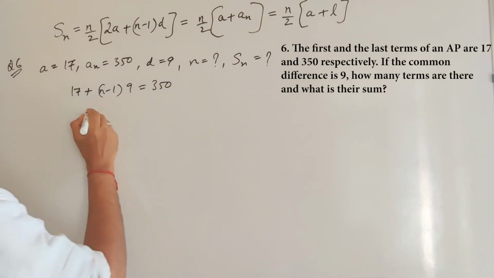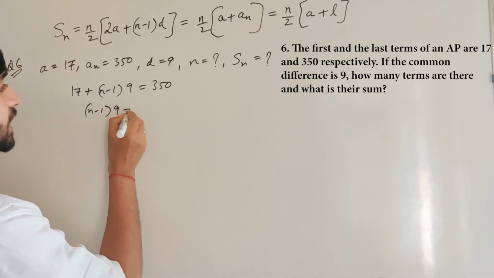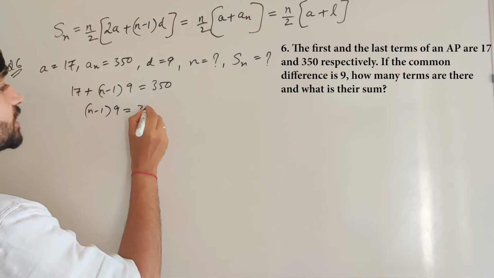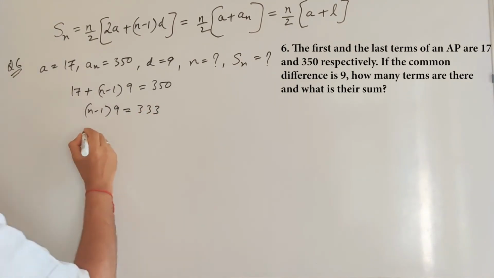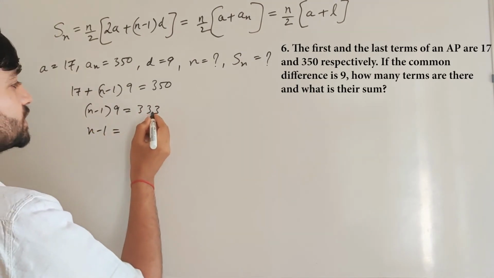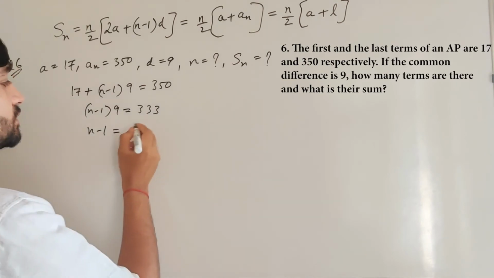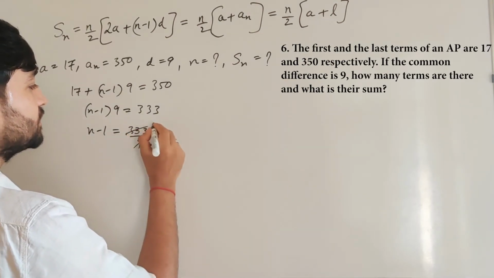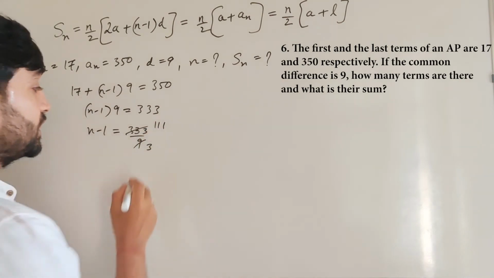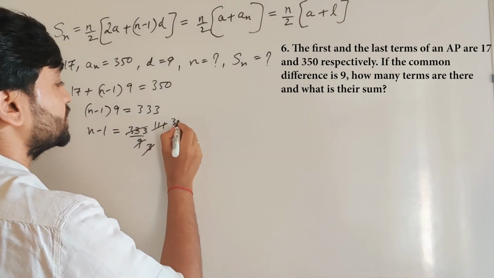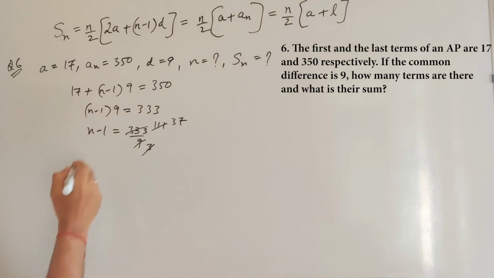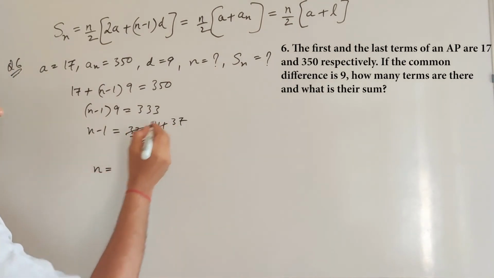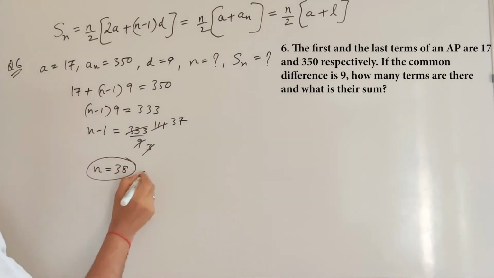The 17 goes to the other side, we subtract, so we get 333. So n minus 1 equals 333 by 9. 3 is a factor, and we can again do the cancellation. So it gives you n minus 1 equals 37. That gives you n equals 38.